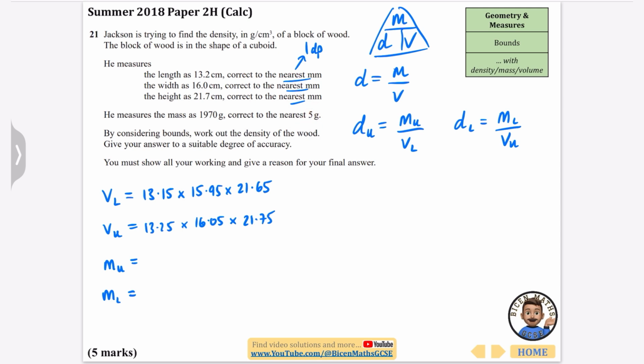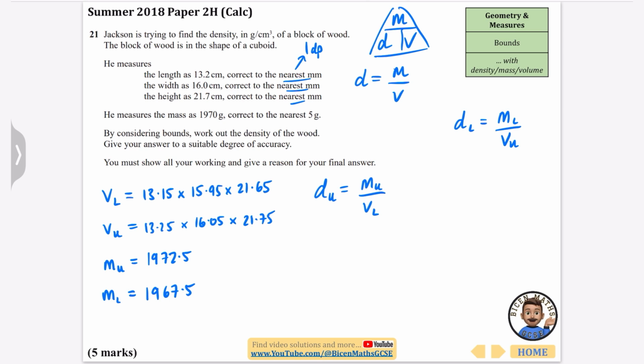This time we're going to go up and down 2.5 grams. So the upper bound is going to be 1972.5, and the lower, if I take away 2.5, is going to be 1967.5.